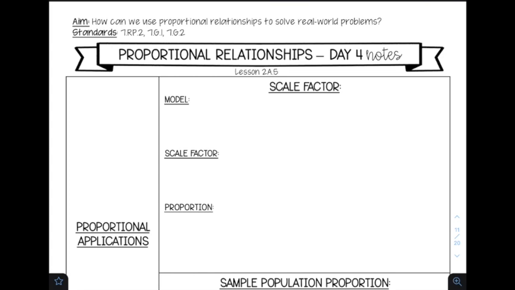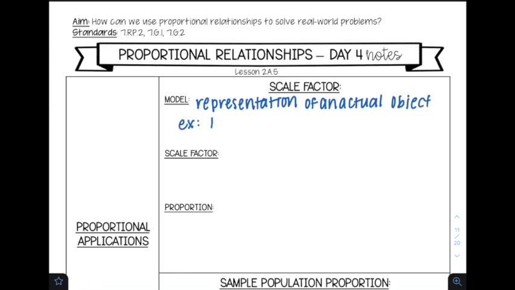All right, so the first thing that we're going to go over is what a model is. So you probably have heard that in the past or in real life before, but a model in this case, in terms of scale factor, is going to be a representation of an actual object. So some examples would be a toy car. They're toy car replicas of real life cars.